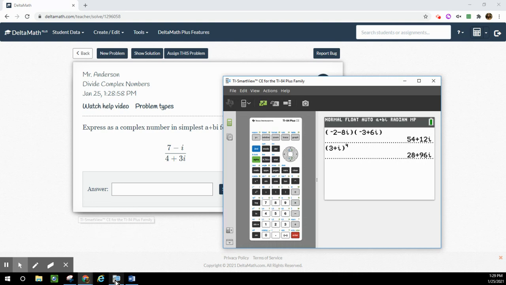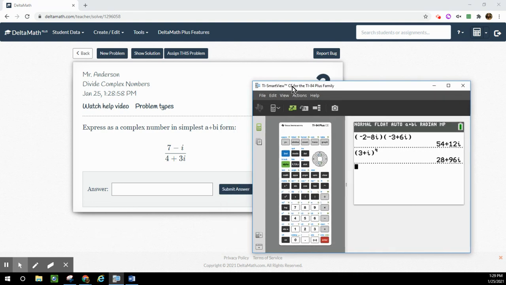In our next problem, we're going to divide, and we're going to need to use the complex conjugate. When we do it in the calculator, either use parentheses or make it a fraction, and it'll do that for us. And that gave us 1 minus i.